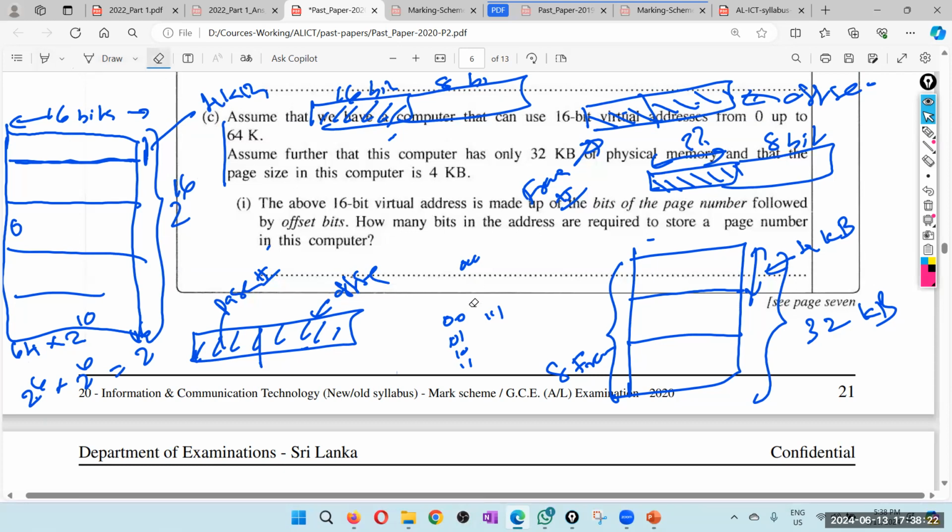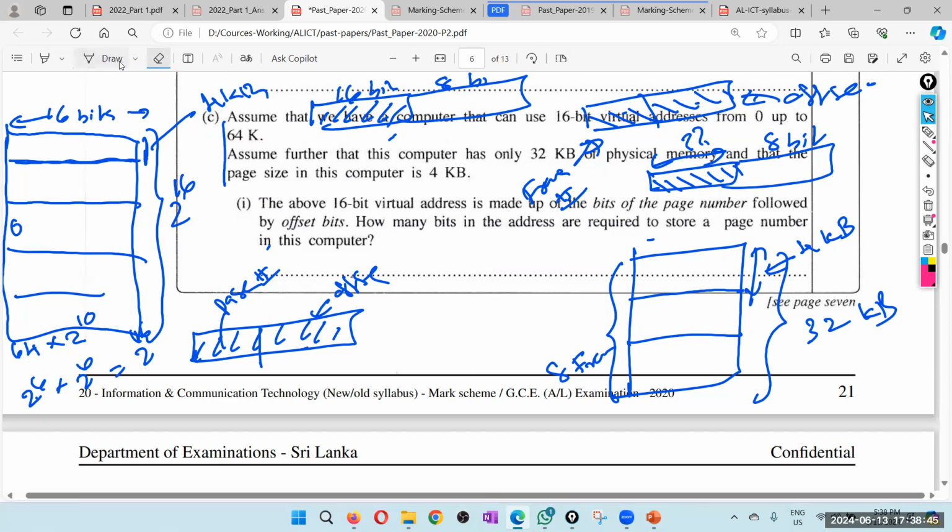So how many pages are there? We have altogether 2 to the power 16 addresses, and each page can keep 4 kilobytes. Our assumption is one address can keep 1 byte.